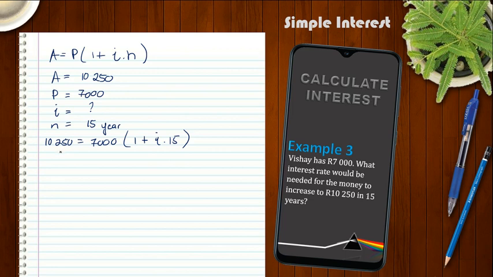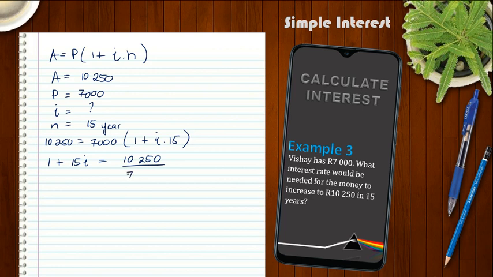So divide both sides by this coefficient. Then we'll have 1 plus, I'm just going to write this as 15i, to get my coefficient in front of the variable that I'm solving for.